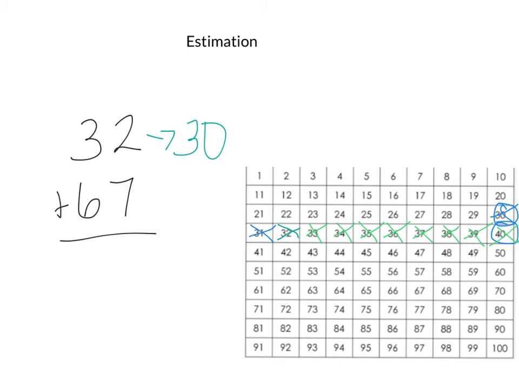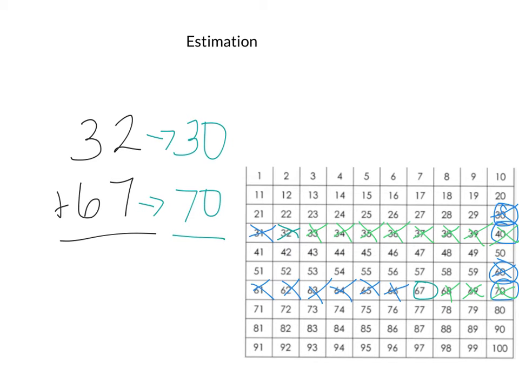67 is right here. It is between 60 and 70. To go back to 60, it'd be 1, 2, 3, 4, 5, 6, 7 jumps. But to 70, it's only 1, 2, 3. So 67 would round to 70.